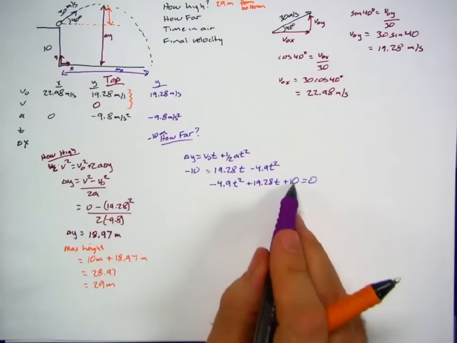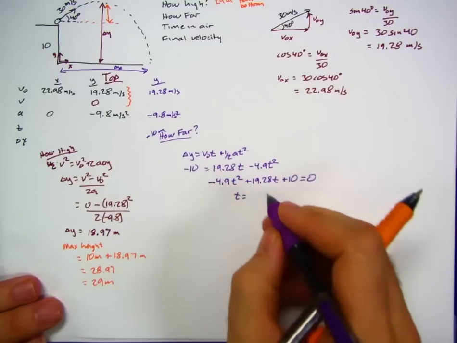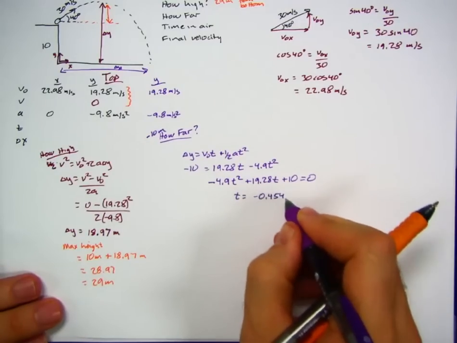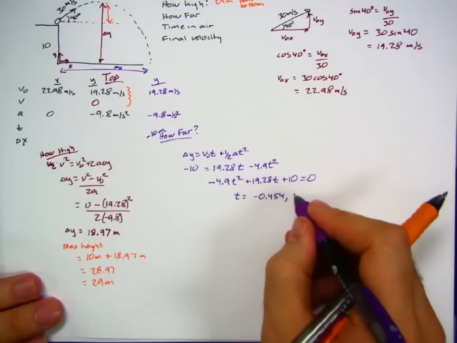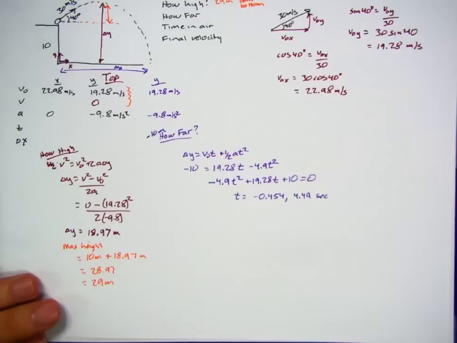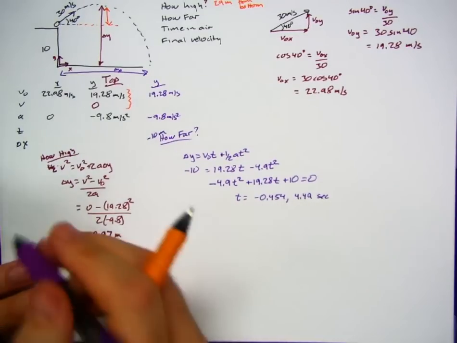My C term is positive 10 because I brought it from the other side of the equation. And I get t is equal to negative 0.454 and 4.49 seconds.